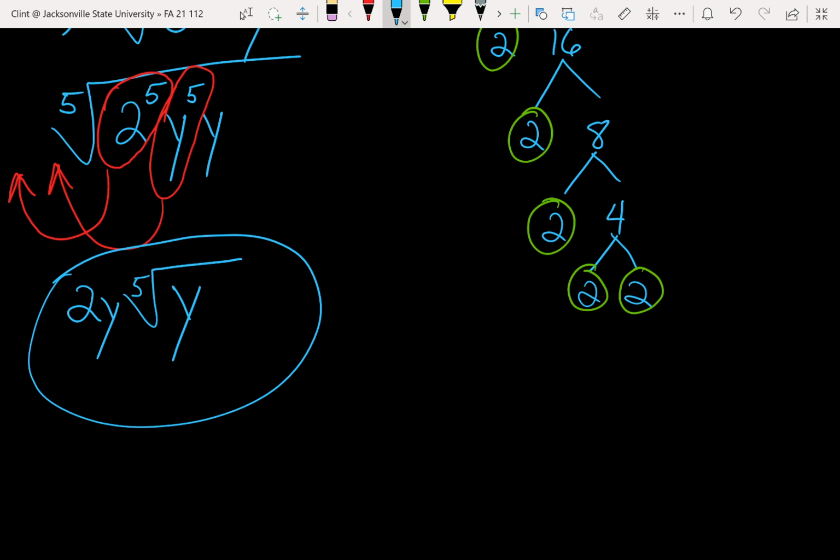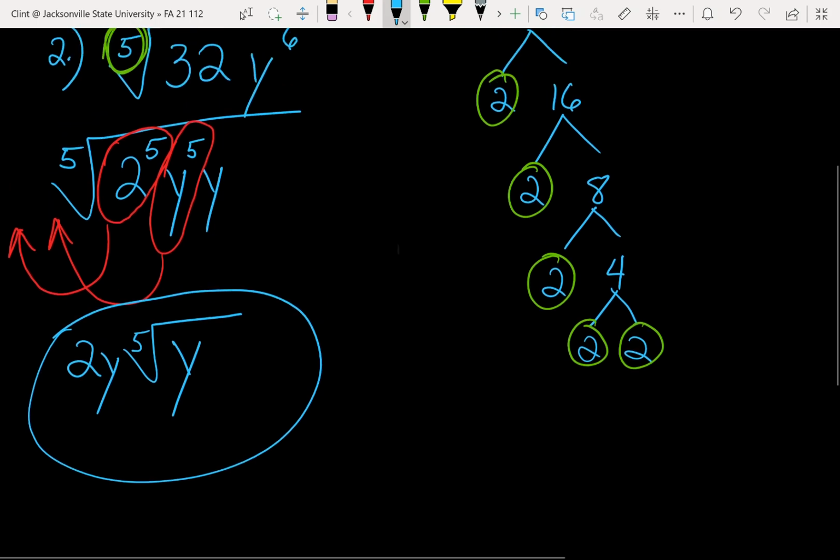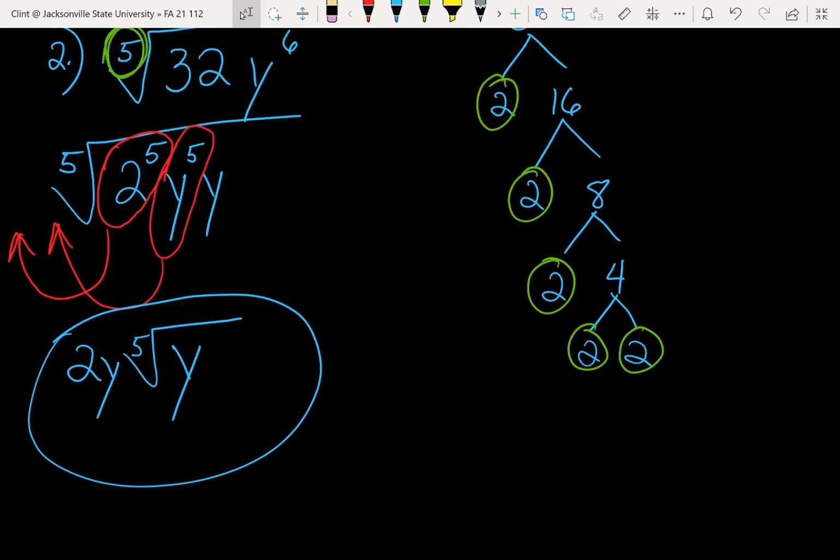Questions on any part of that one? Yes. Why are there 2 y's here? I'm trying to find a group of 5, so I just turned that into a group of 5, and then I had 1 left over because there were 6.